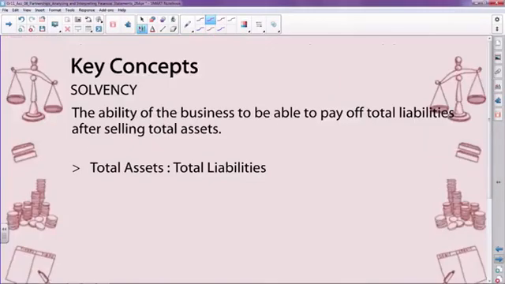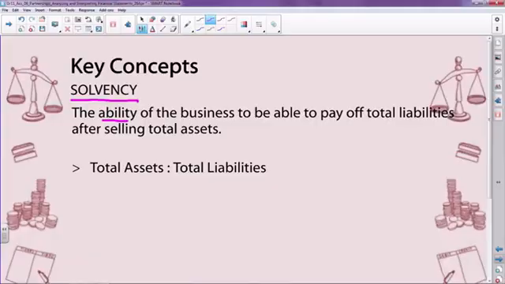The next category is also something familiar because you did do this in grade 10. Here we're looking at solvency. Now, what does this particular category help us to establish? It helps us to look at the ability of the business to pay off total liabilities after selling total assets or after converting total assets into cash.